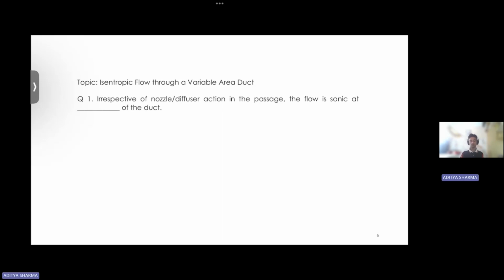As in the previous sessions also, I write the topic to which the problem is related, so that we know which topic we need to refer to and discuss this particular problem, or a problem in general. All right.